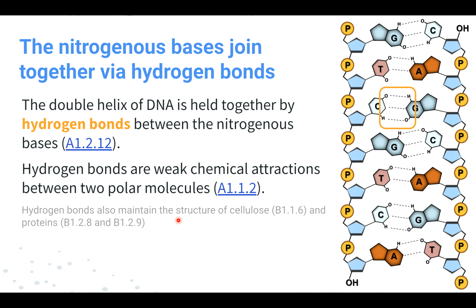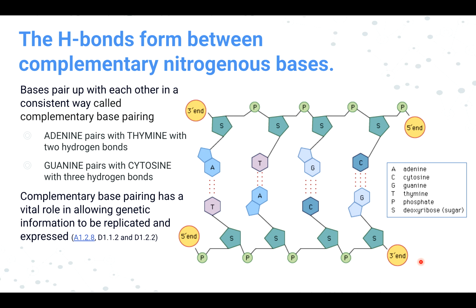The nitrogenous bases join together via hydrogen bonds. You can see here, between G and C there is a triple hydrogen bond, and between A and T there is a double hydrogen bond. The hydrogen bonds formed between the bases are always complementary. It's fixed.